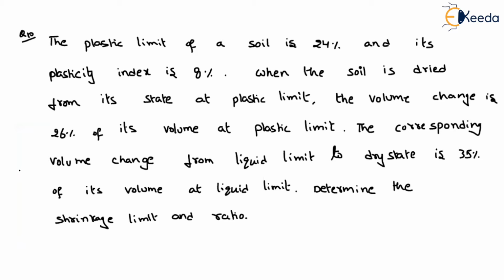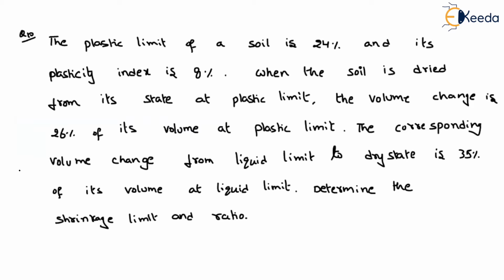Now tell me, can you try it or not? It is a similar problem to the previous case. But what is the difference we are going to observe here? Previously, both values were with respect to the dry state.